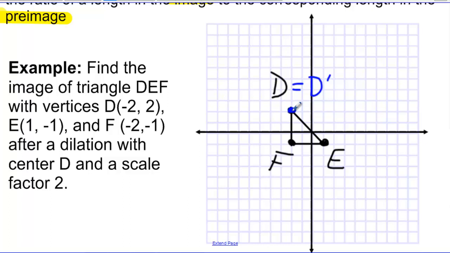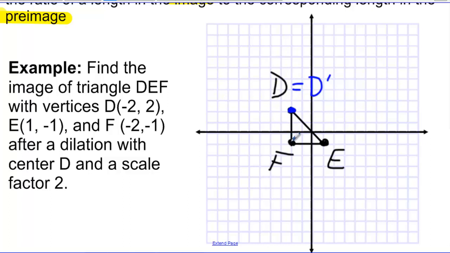And since we have a scale factor of 2 for our dilation, that means that each of the side lengths is going to be twice as long in our image as they are in our pre-image. And so if I count along here, I can see this side length right here is vertical. And so I can just count squares right here to find the length of it. And I can see there's 1 square, 2 squares, 3 squares. So this side, DF, has a length of 3.